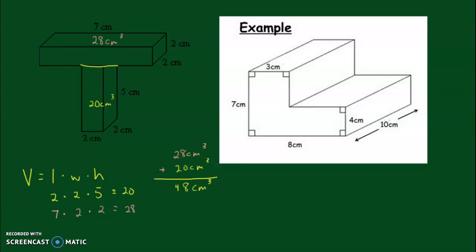One option is to make a line and continue our line here down to the base, which would give us a section here and a section here, or we could go and we could separate it here, which would give us a section on the bottom and a section on the top. Ultimately, it doesn't matter which one we choose.